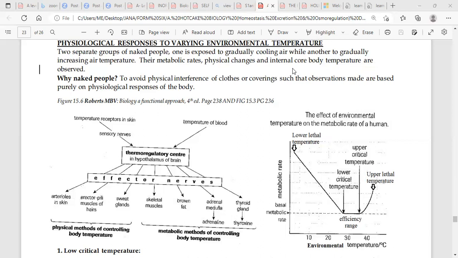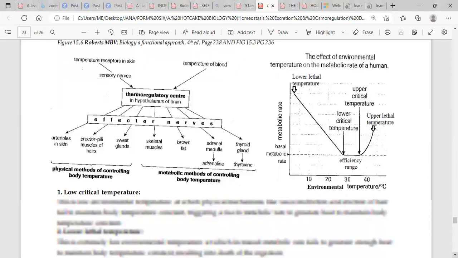So continuing with thermoregulation, looking at the effect of the environmental temperature on the metabolic rate of a human. Look at this graph, the right-hand side, which shows the effect of environmental temperature on the metabolic rate of a human.